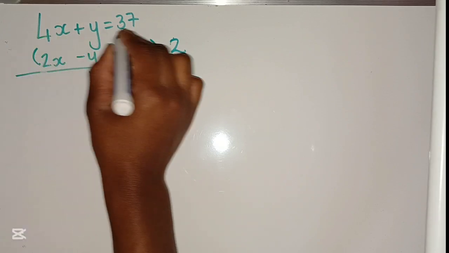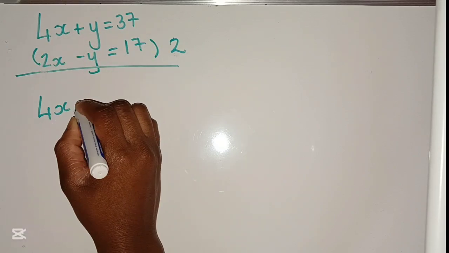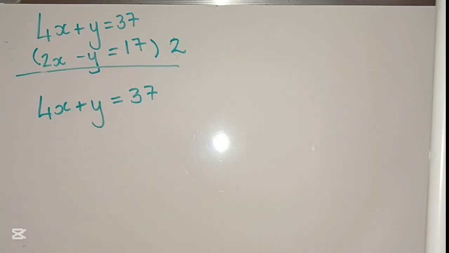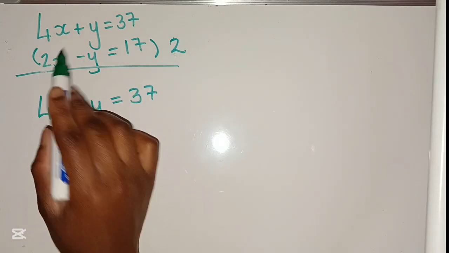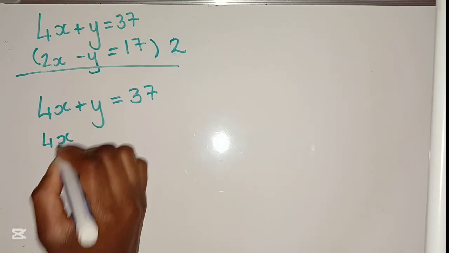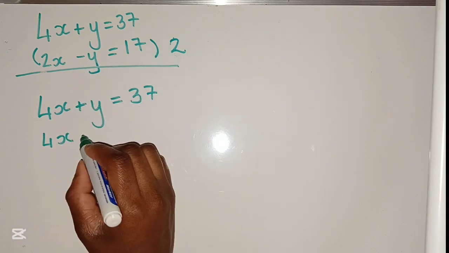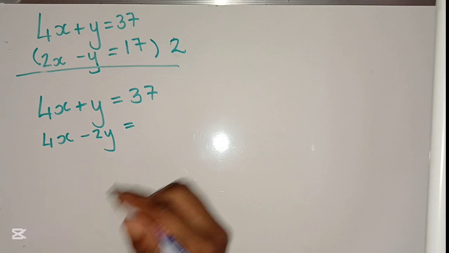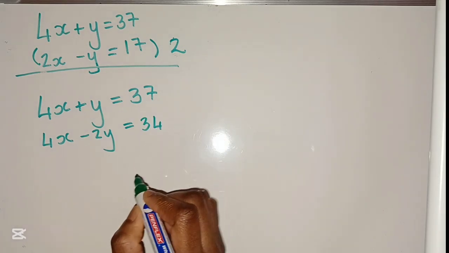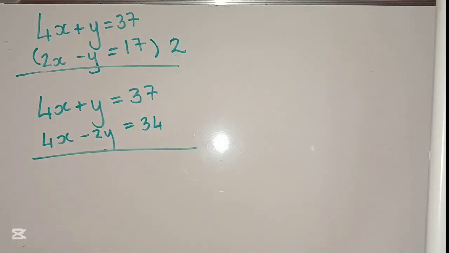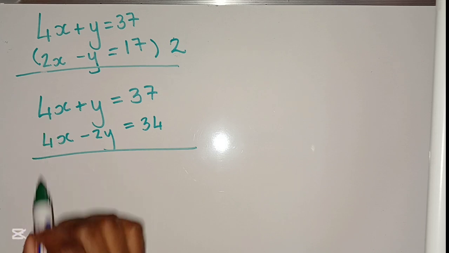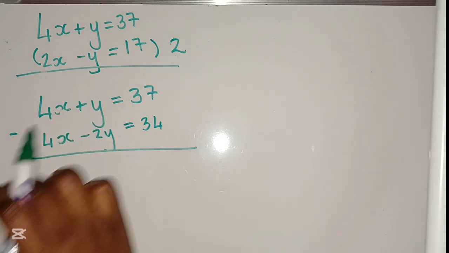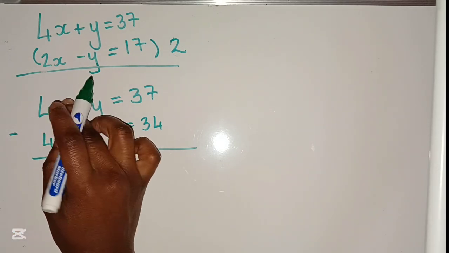All right, this first equation comes down as it is. 2 times 2x will give me 4x. 2 times negative y will give me negative 2y. 2 times 17 will give me 34. Now, the coefficients of x are the same.